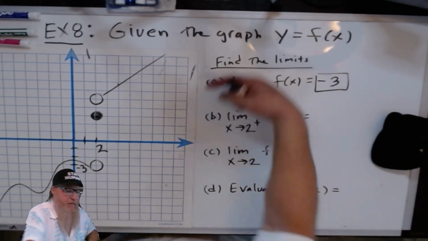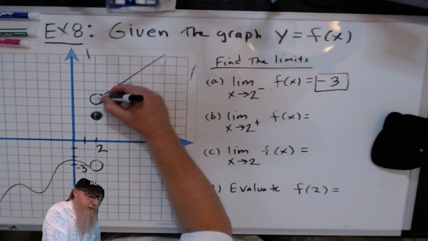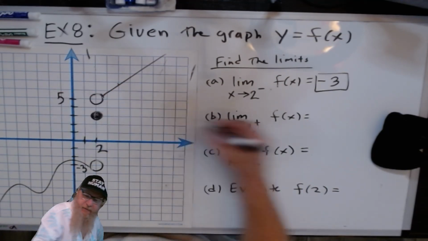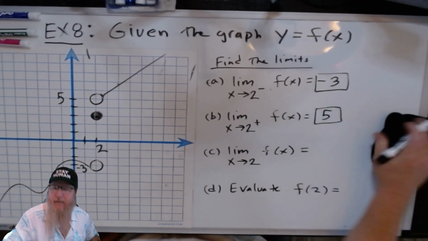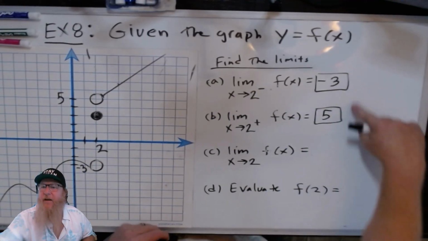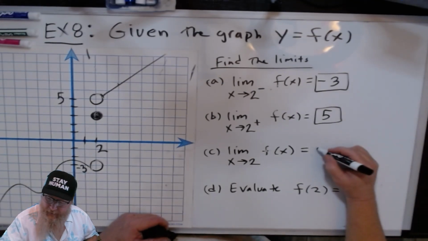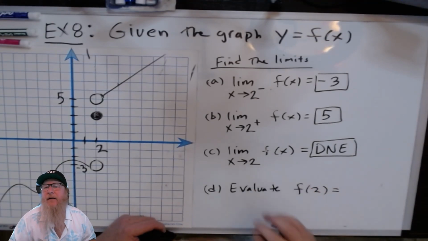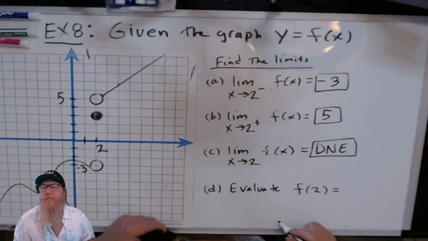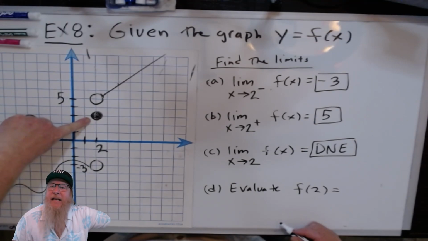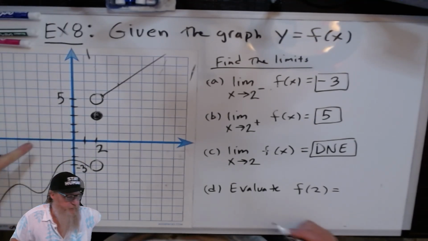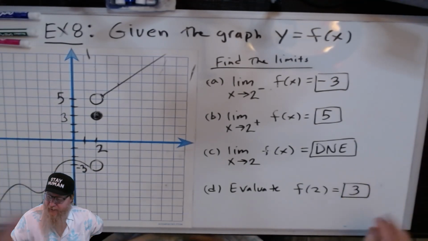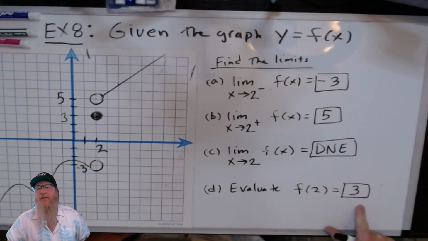From the right, the y value is 5. These values do not agree with each other, so the general limit does not exist. But since there is a dot at 2, 1, 2, 3, the value of the function at x equals 2 is 3.